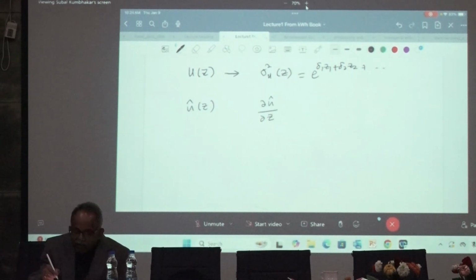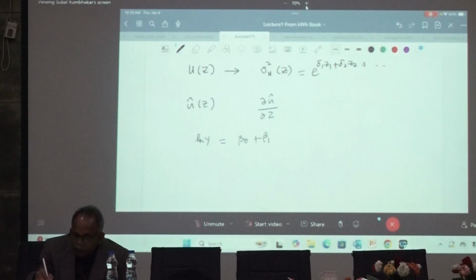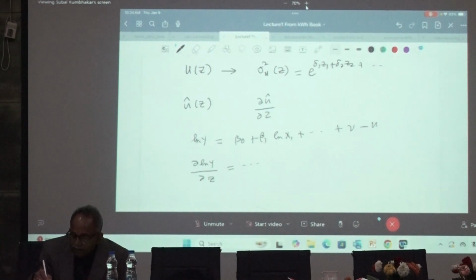And remember, since the model is like this, the derivative of y with respect to z is the same as the derivative of e with respect to z with a sign change.